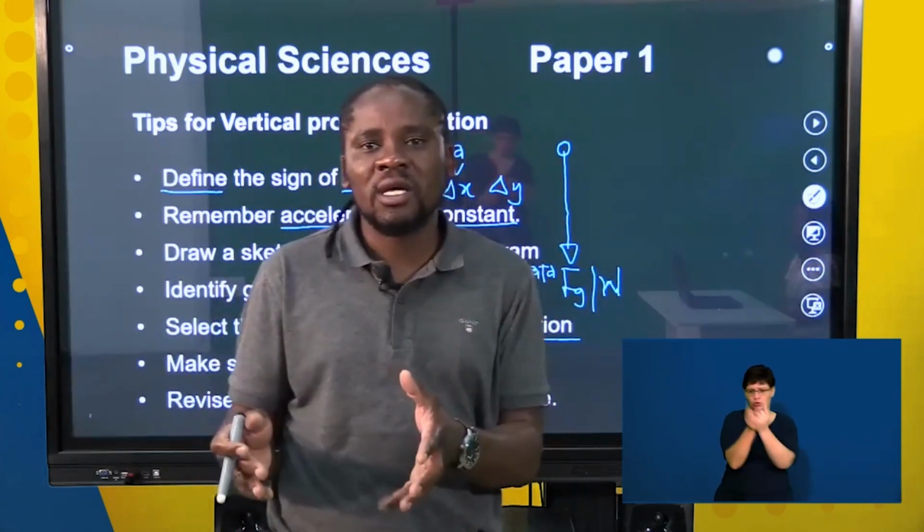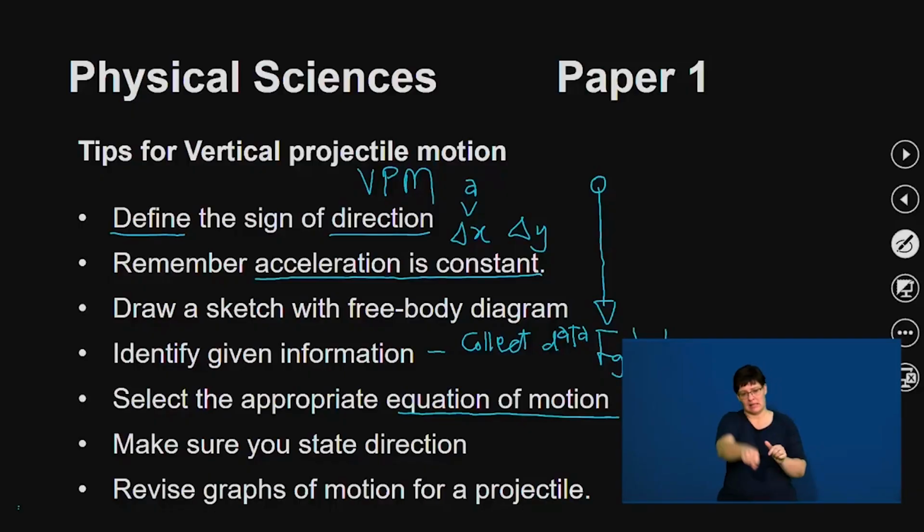You become consistent. If you throw an object up, we'll look at a particular example like that in the next slide, okay? Make sure that you immediately say, if upwards is positive, your acceleration will be negative, which is downwards, okay?